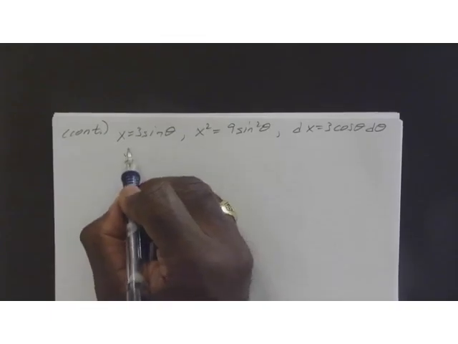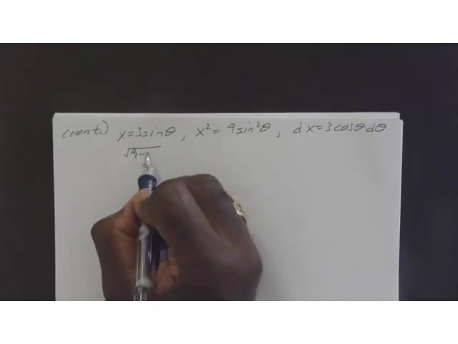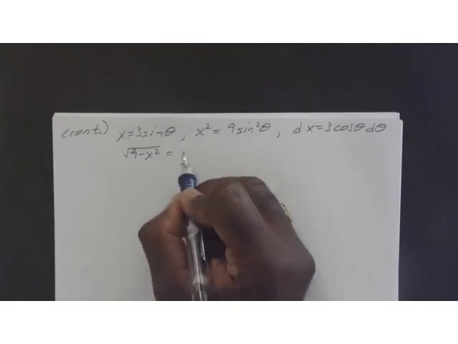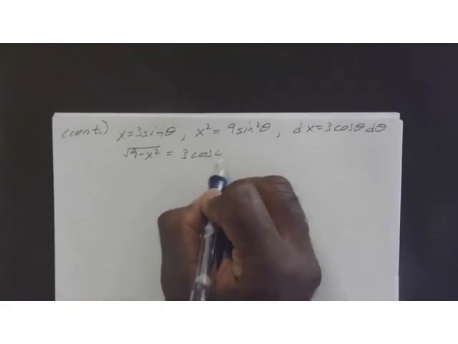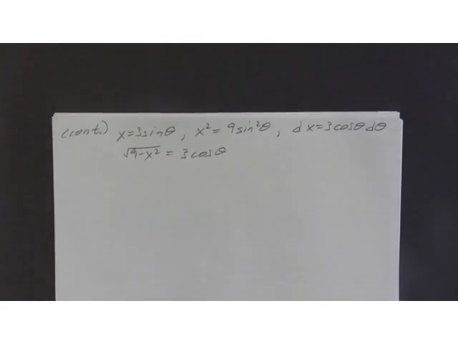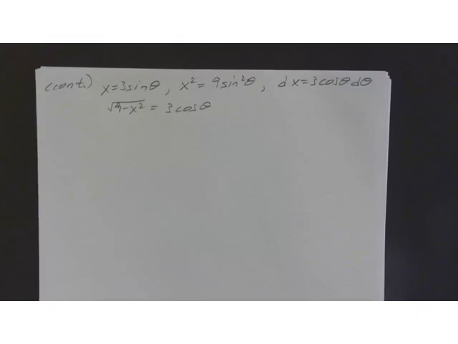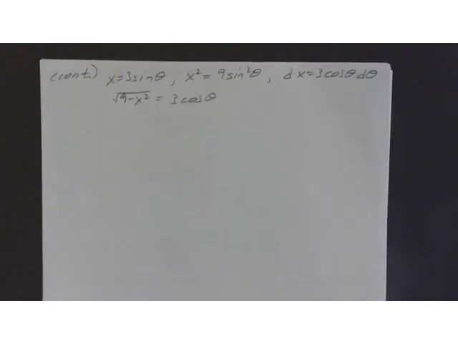And we know that the square root of 9 minus x squared is equal to 3 times cosine of theta. So this may look like a bunch of useless information, but it actually falls into place.